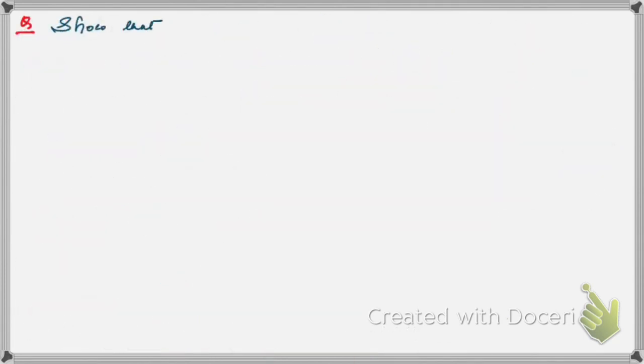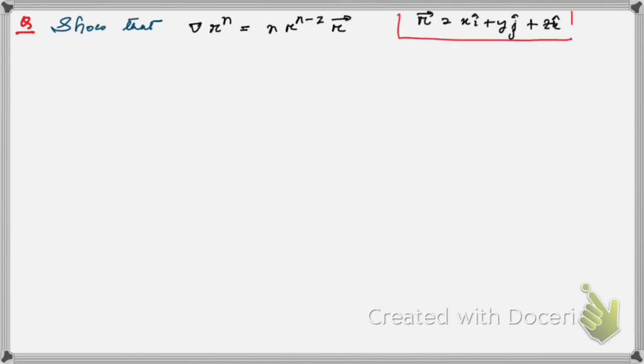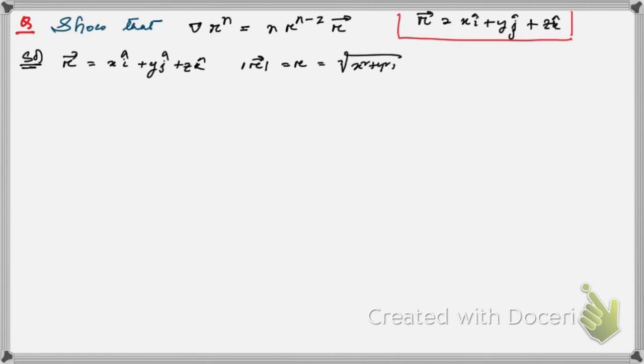Our next question: grad r to the power n is equal to n r to the power n minus 2 r vector, where r vector is given by this, you know that. So let me write the given vector r first. This is your r vector. So mod of r, or simply r, is the root over x square plus y square plus z square, that is nothing but x square plus y square plus z square whole to the power half.